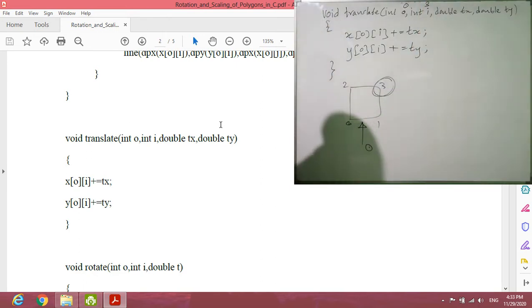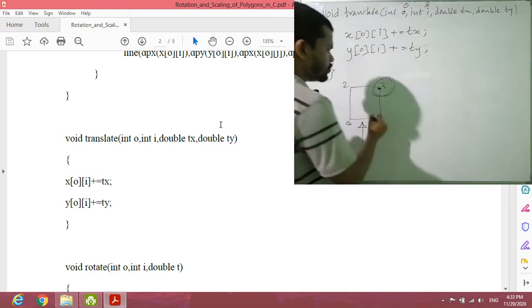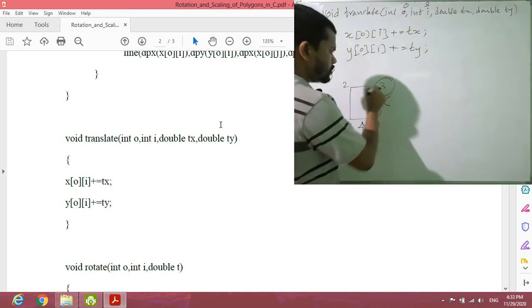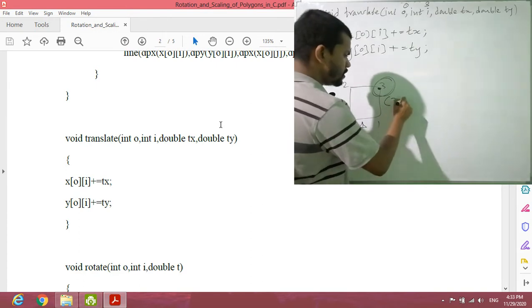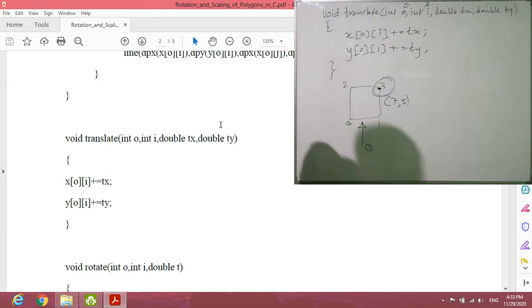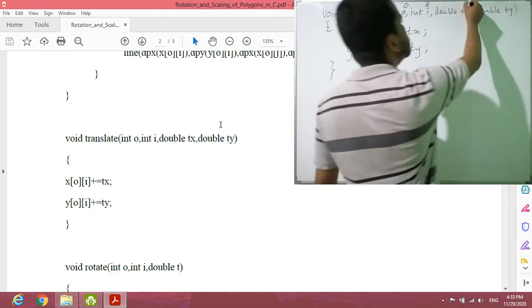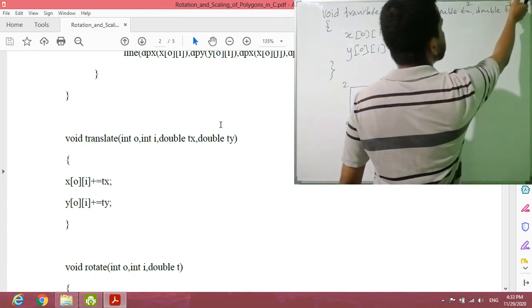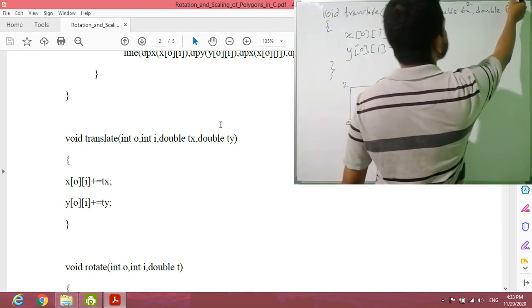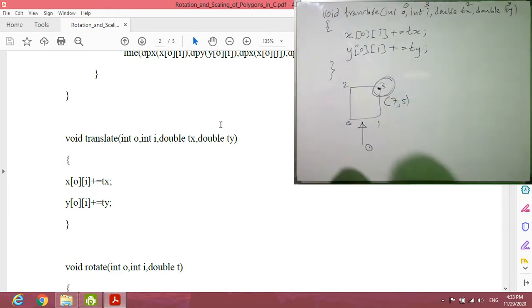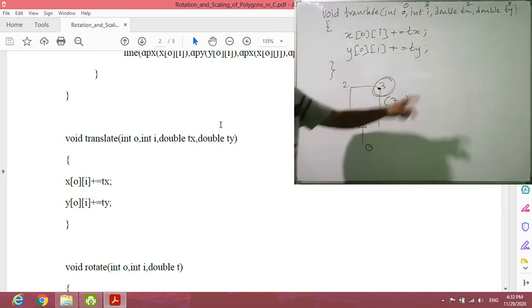Let's say the coordinates of this point are 7, 5, and here we pass 2 and 3.